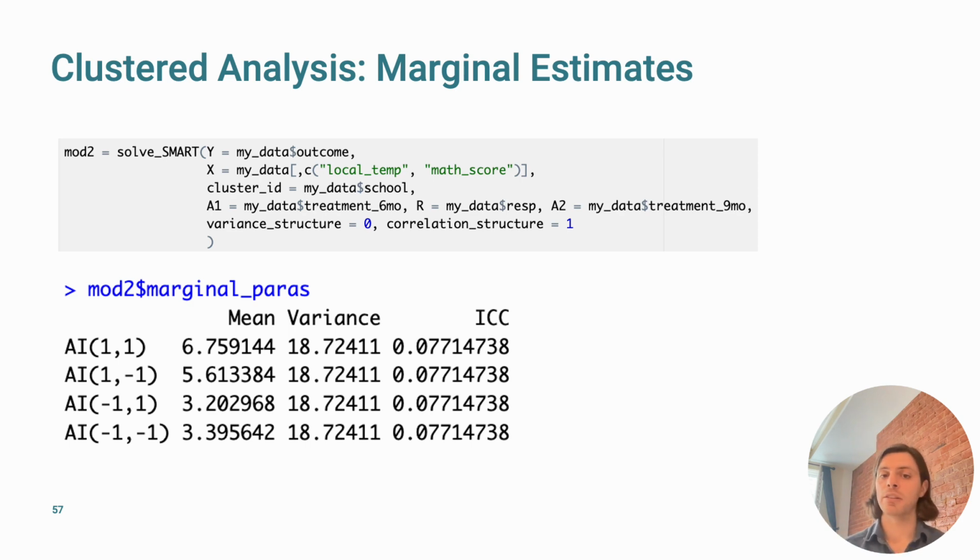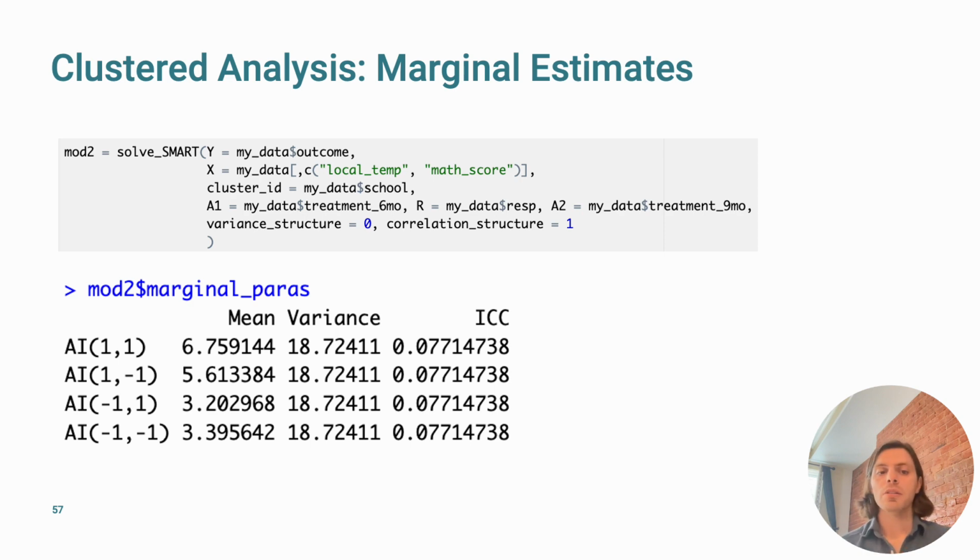And since we chose an exchangeable correlation structure, we have the same ICC across all 4. If we chose an independent structure, this ICC would be 0 for all 4. And if we chose exchangeable and varying based on clustered adaptive intervention, this ICC would change for all 4. Likewise, if we chose a heterogeneous variance structure, the variance would be different for the 4 embedded AIs as well.